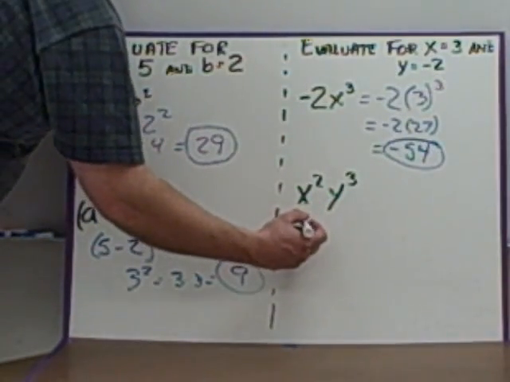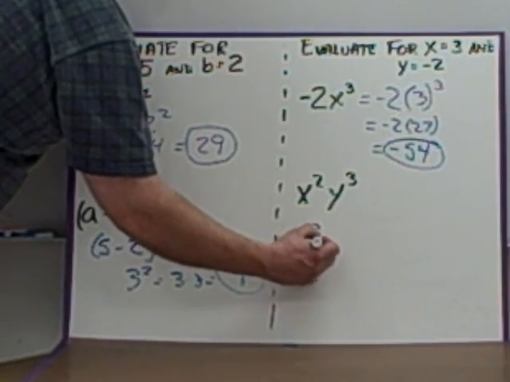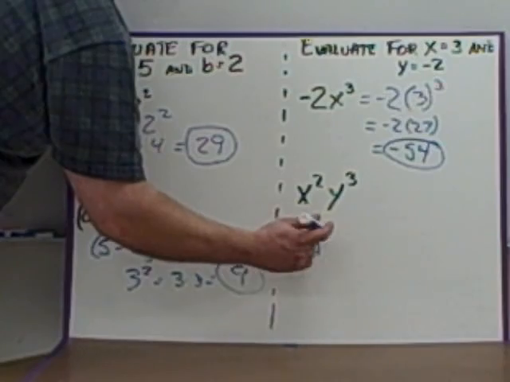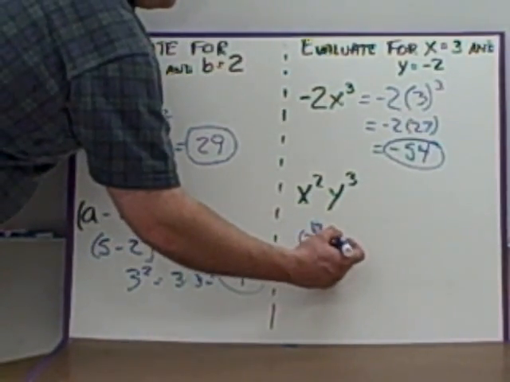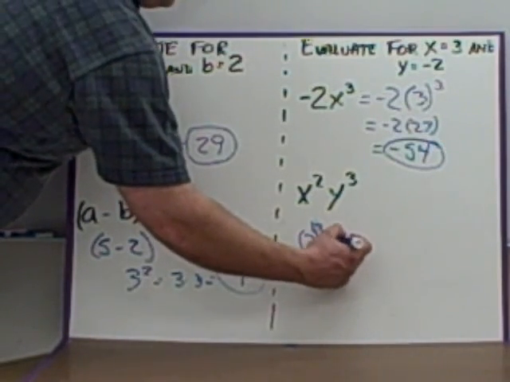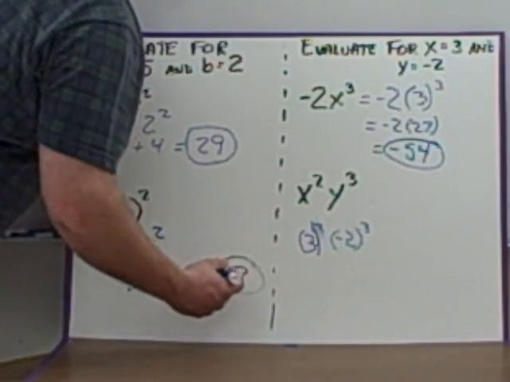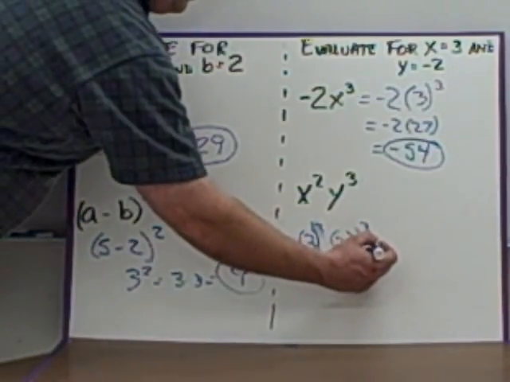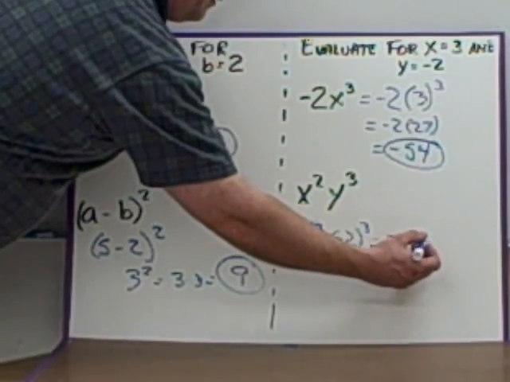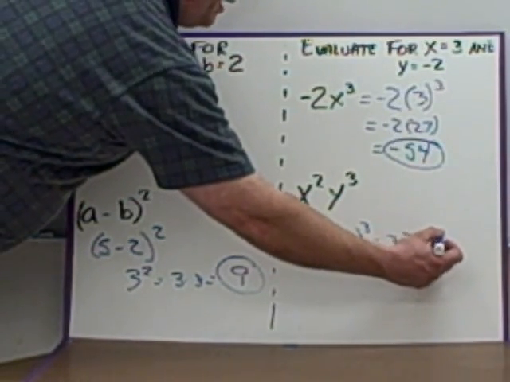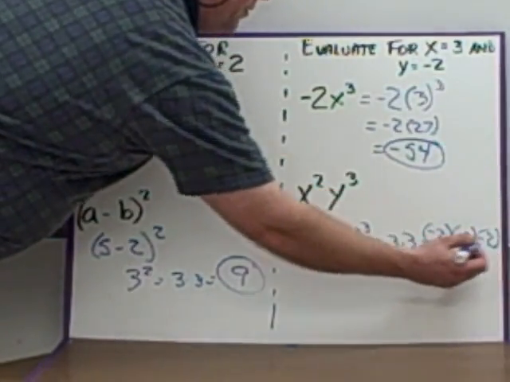For over here, we plug the values in. We get 3 squared. It might help to put these in parentheses just so you know that you plugged in the 3 there. And then we have negative 2 to the 3rd power, which is going to be equal to 3 times 3 times negative 2 cubed.